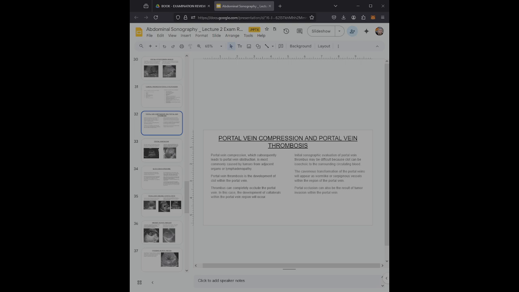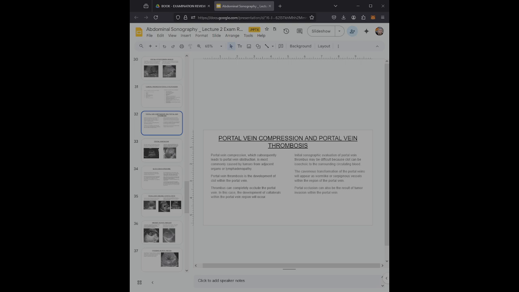But with time, thrombus in the portal vein will become more echogenic and more noticeable, and this cavernous transformation will appear as a worm-like, serpiginous kind of presentation within the region of the portal vein, and the portal occlusion can also be the result of tumor invasion within this portal vein.